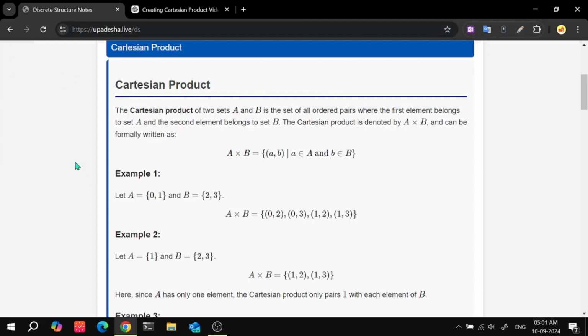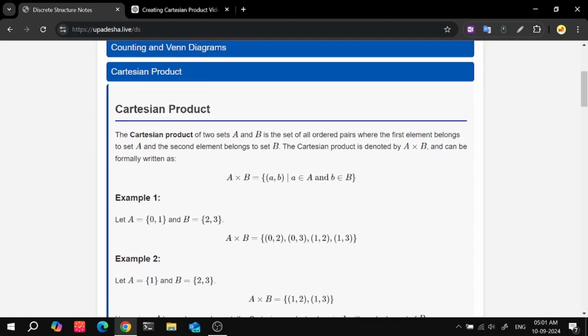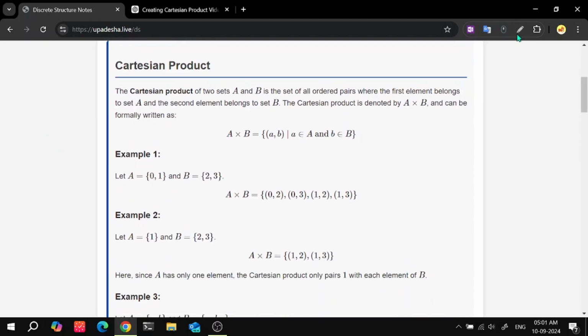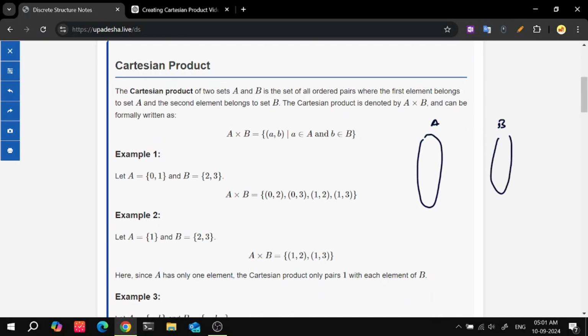Now coming to the first example, let's imagine that there are two sets. This is set A and this is set B. Whenever you are doing the cross product, you should make sure that you have got ordered pairs. This is one ordered pair, second ordered pair, third ordered pair, and the fourth ordered pair. Set A contains two elements, 0 and 1.